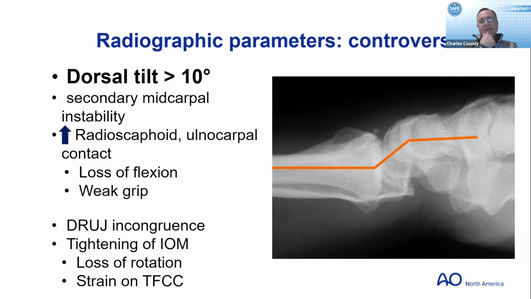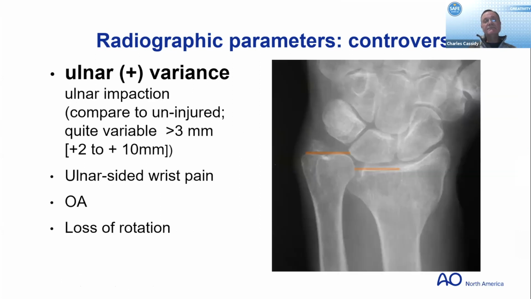That definitely increases radioscaphoid contact and ulnar carpal contact. Clearly, you're going to lose some flexion if you have an extension malunion and may have some weakness of grip. But it also has an effect on the distal radioulnar joint, including incongruence, tightening of the interosseous membrane, loss of rotation, and strain on the TFCC area.